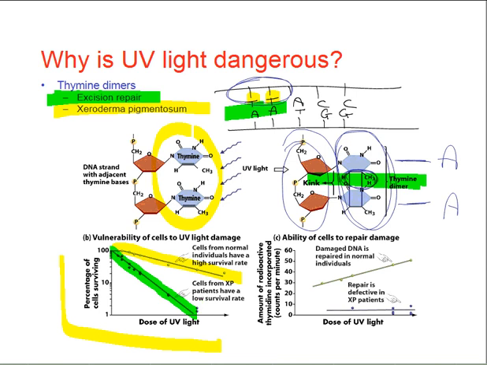Another way you can look at this is you can see how many cells actually get repaired after they've been exposed. And you can see in a normal individual, nearly all the cells get repaired, but almost none of them get repaired in individuals with xeroderma pigmentosum.